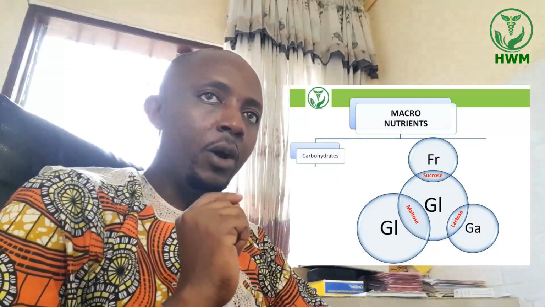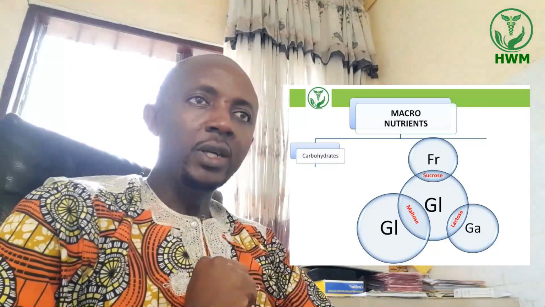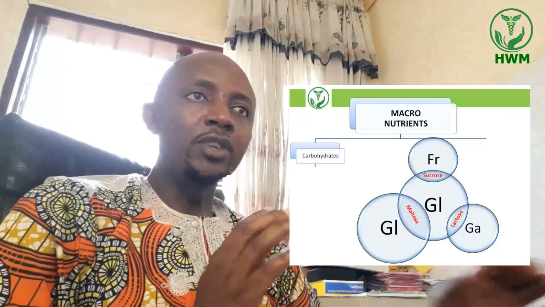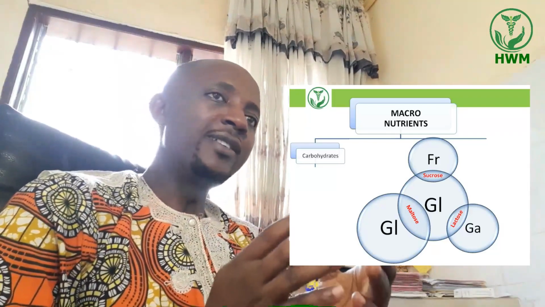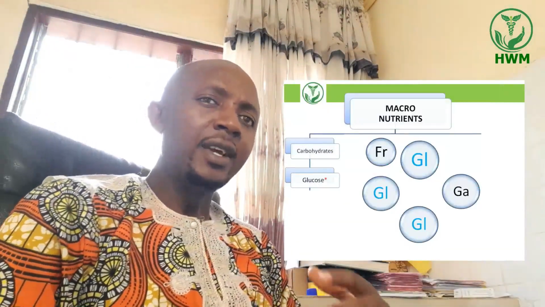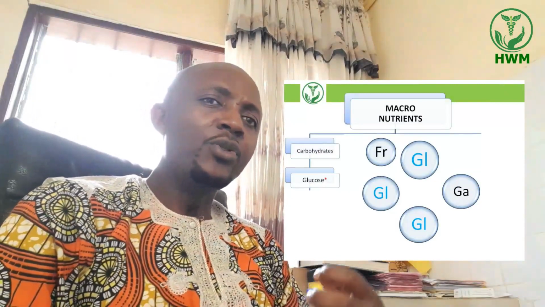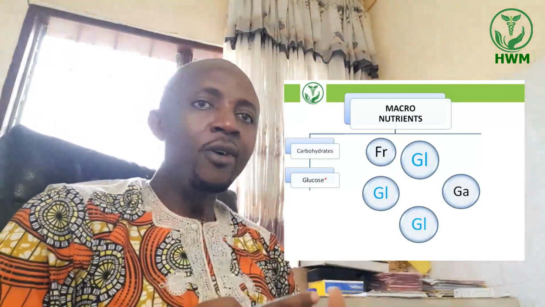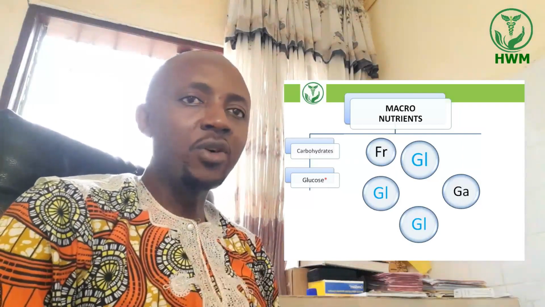That is to say, if these particular disaccharides are broken down, they will actually produce at least 3 molecules of glucose and 1 molecule each of the other monosaccharides. And it means glucose is actually at the center of all the sugars that we talk about.